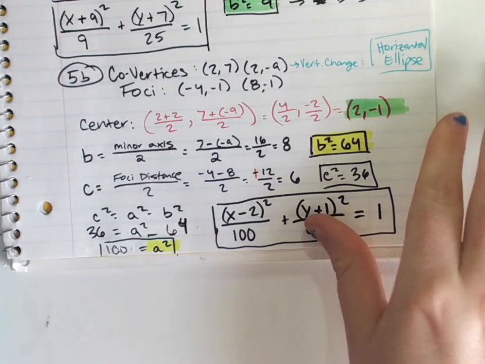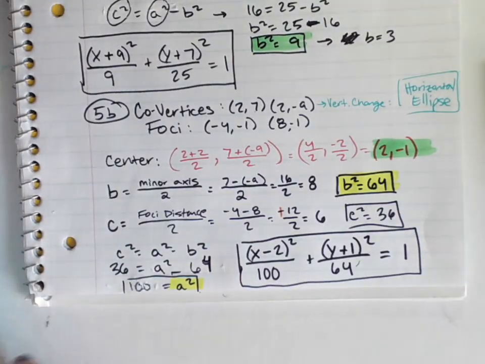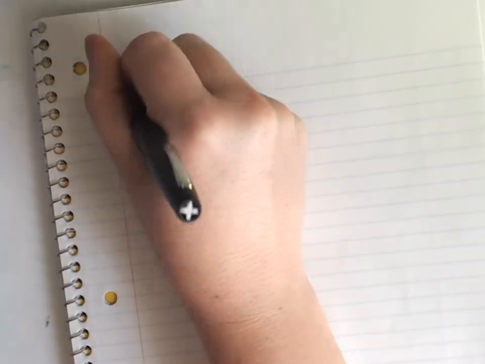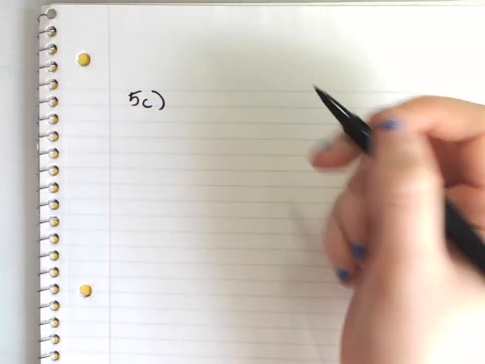Okay, so now it's your problem. You guys are going to be doing 5C and 5D. We'll write those out for you. So the directions are to write an equation of the ellipse.